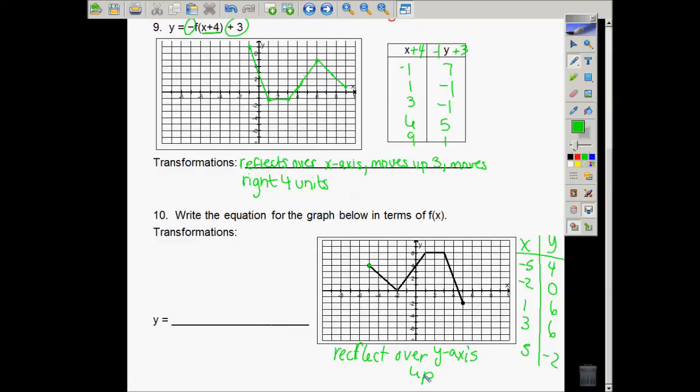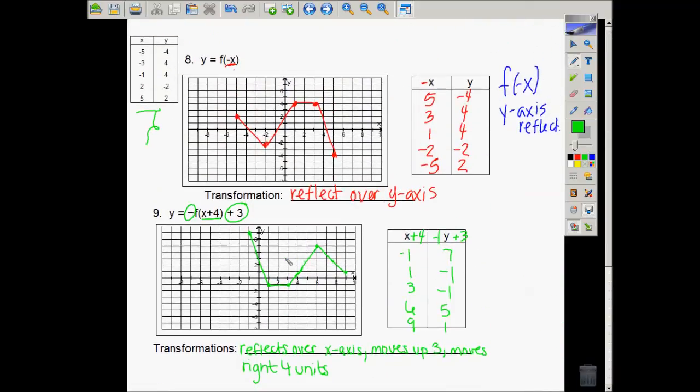So if this is what I did, how do I represent a reflection? So Carl said negative f of x. Well, maybe not. Sherlyn said negative f of x, and then how do I represent going up 2? Plus 2. So let's test this out on our original numbers. We have to test it.